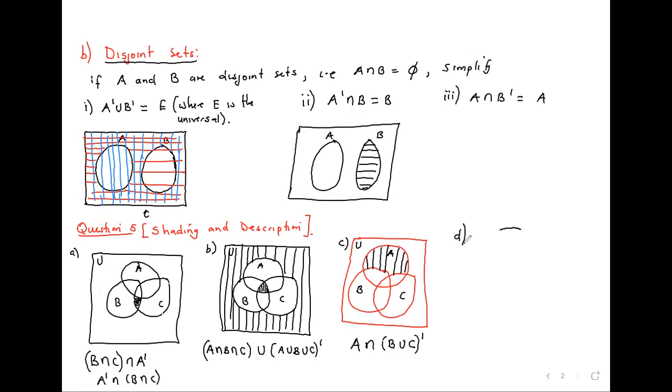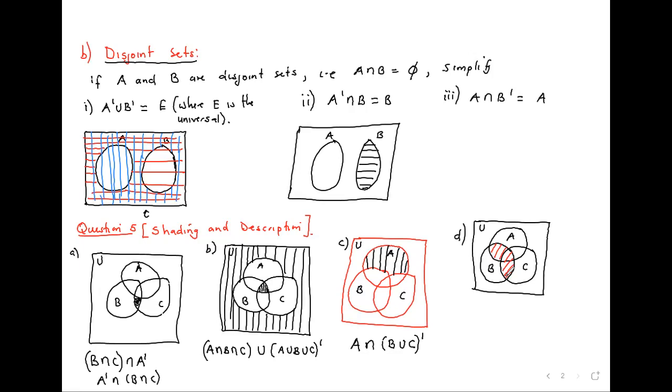Then D. So clearly, B intersection C has been shaded, all of it.